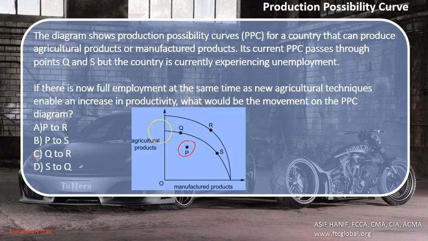When there is an increase in productivity on the y-axis, more agriculture product means P will move to R. Had we been originally at Q, it would have been Q to R, but since we were underutilizing our productive resources, P will move to R, so that makes A the correct option, P to R.